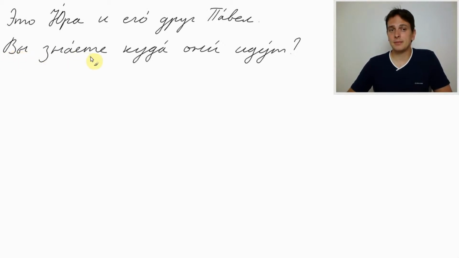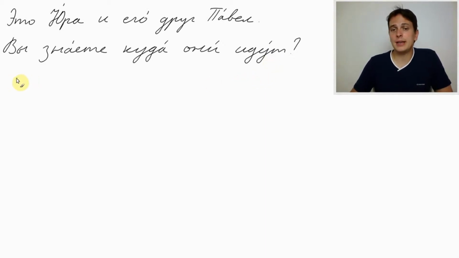Вы знаете, and знаете, the verb знать, to know, agrees with the personal pronoun вы. Вы знаете, куда, where, они, they, are going, идут. So in Russian, you know where they go. Вы знаете, куда они идут.